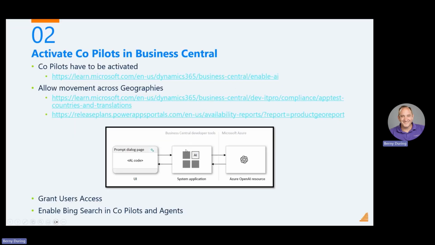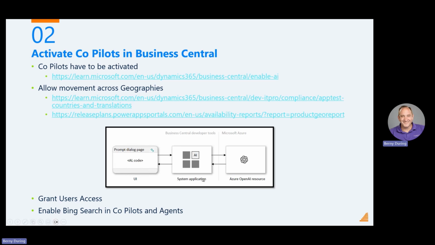And in order to understand that, you have to understand how the AI actually works within Business Central. Within Business Central, we have a special type of page called a prompt dialog page that pops up and asks you for details, and that's written in AL code. The entire UI and everything for Business Central for your Copilot is written in AL code.